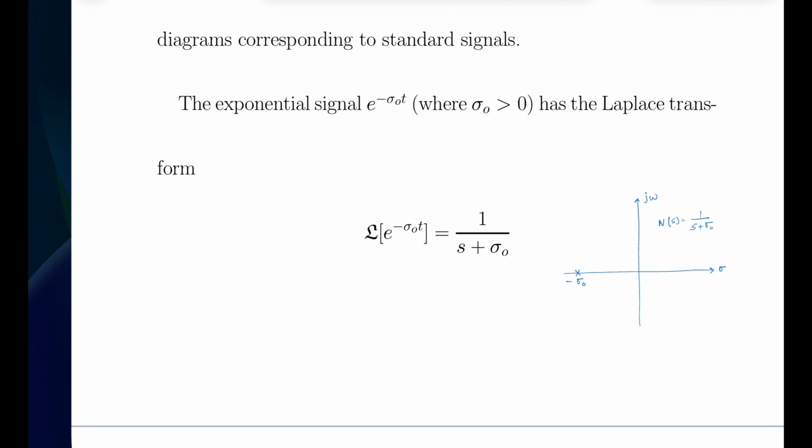This has the Laplace transform 1 upon s plus sigma नॉट. तो लाप्लास ट्रांसफॉर्म क्या करता है? लाप्लास ट्रांसफॉर्म जो है सो टाइम डोमेन से फ्रीक्वेंसी डोमेन में कन्वर्ट करता है. सो लाप्लास ट्रांसफॉर्म ऑफ एक्सपोनेंशियल सिग्नल एक्सपोनेंशियल माइनस सिग्मा नॉट टी इज इक्वल टू 1 अपॉन एस प्लस सिग्मा नॉट.